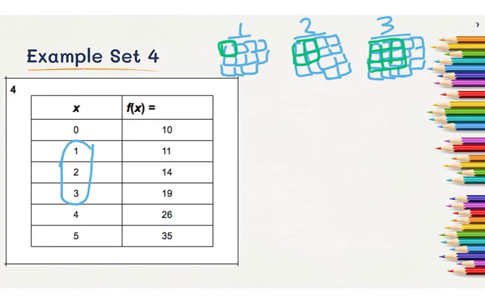So the reason that it's 1 squared, 2 squared, and 3 squared is because if I count the leftovers, 1, 2, 3, 4, 5, 6, 7, 8, 9, 10. I have 10 left over here. 1, 2, 3, 4, 5, 6, 7, 8, 9, 10. I have 10 left over here too.